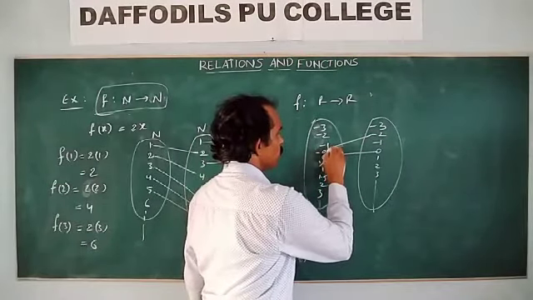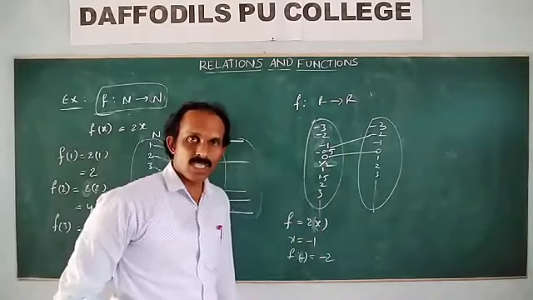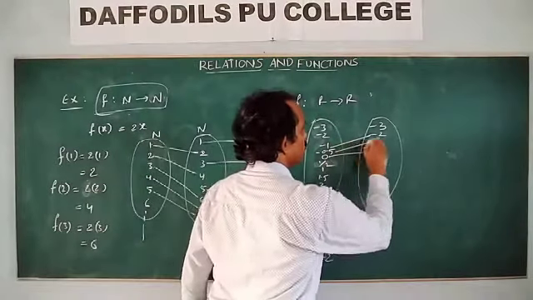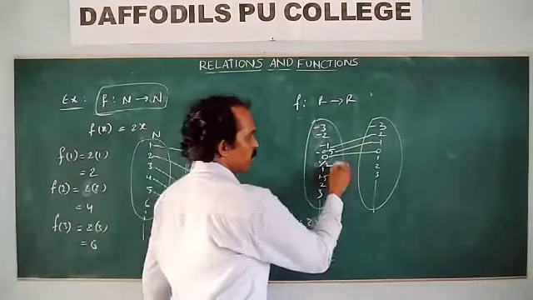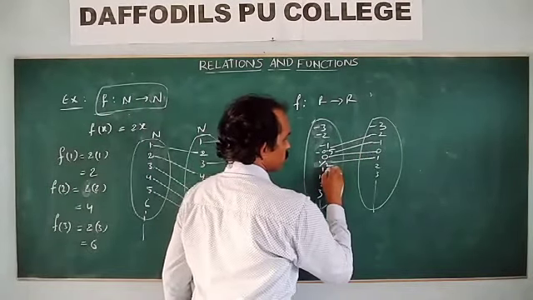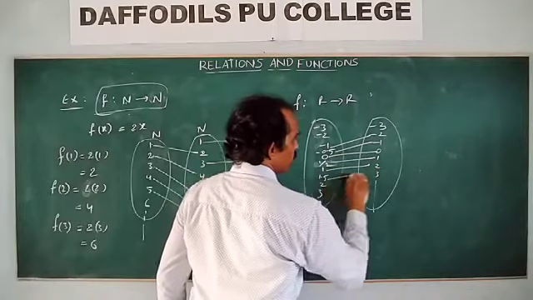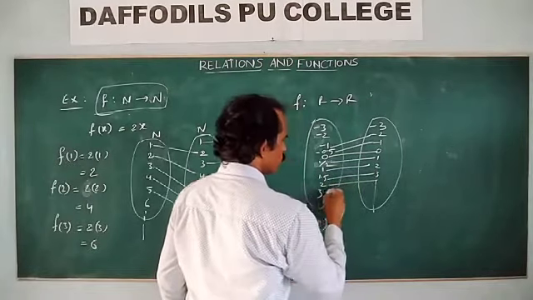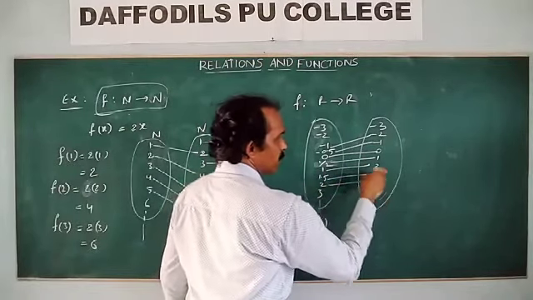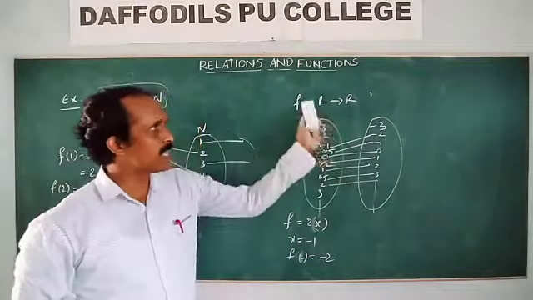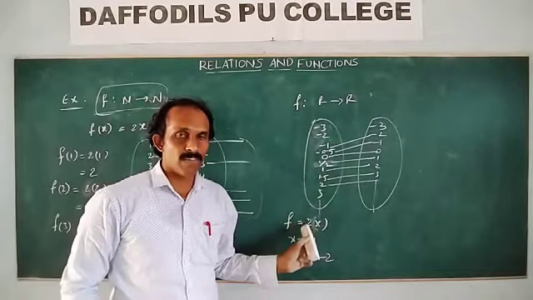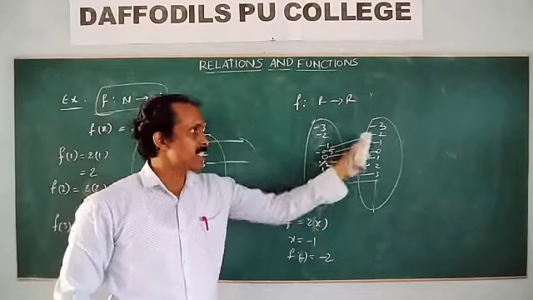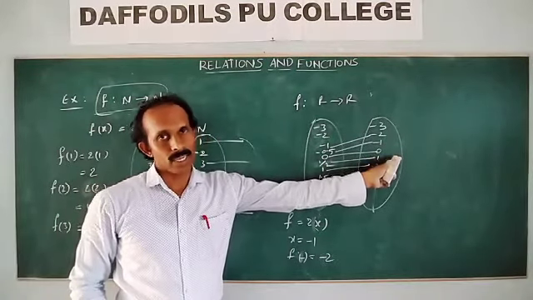Suppose here -0.5: 2 into -0.5 is -1. 1 by 2 gives 1, 1 gives 2, 1.5 gives 3, 2 gives 4, like that. Suppose we take 3.5, real numbers to real numbers. So it satisfies each and every element has different images.